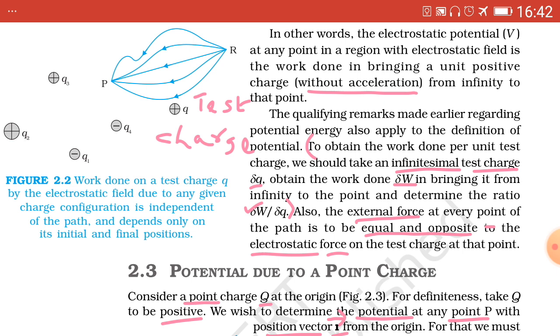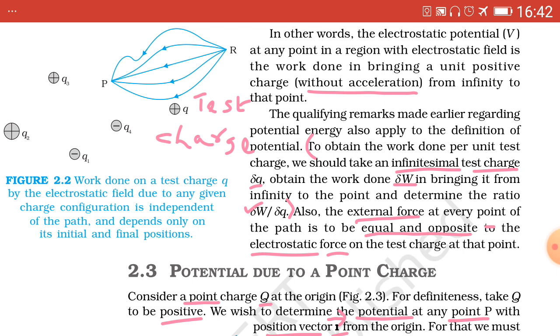Now, to obtain the work done per unit test charge, we have to take an infinitesimal test charge. Infinitesimal means as small as possible. As small as possible the test charge should be taken. That is denoted by curly delta q.